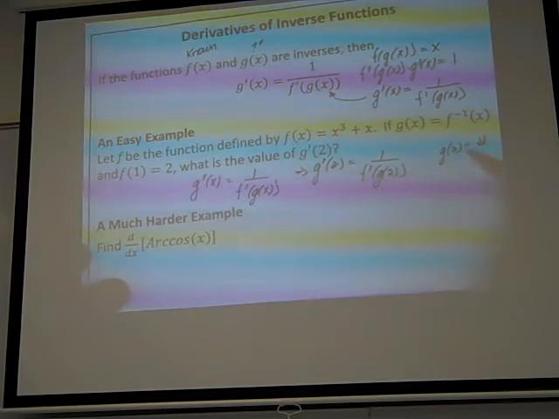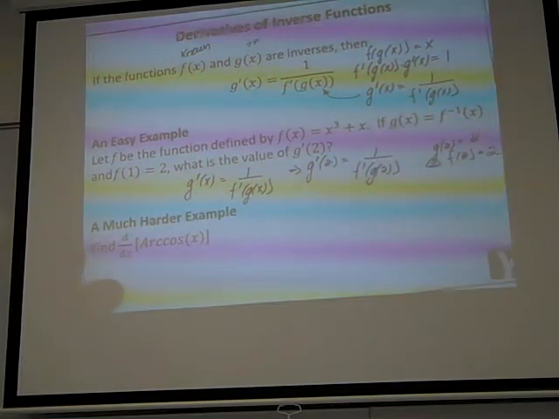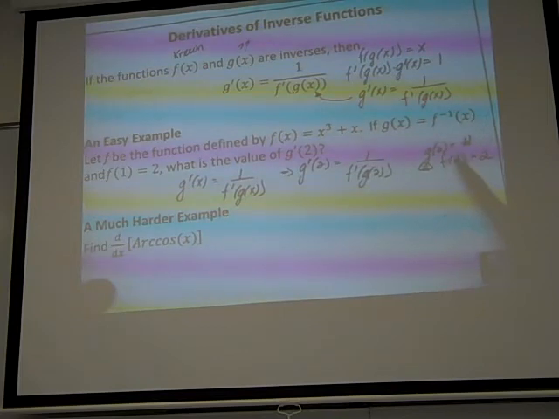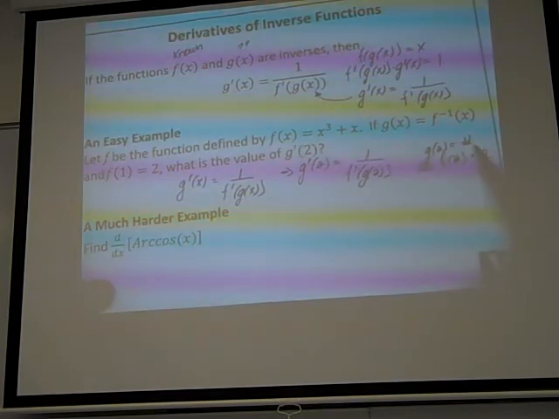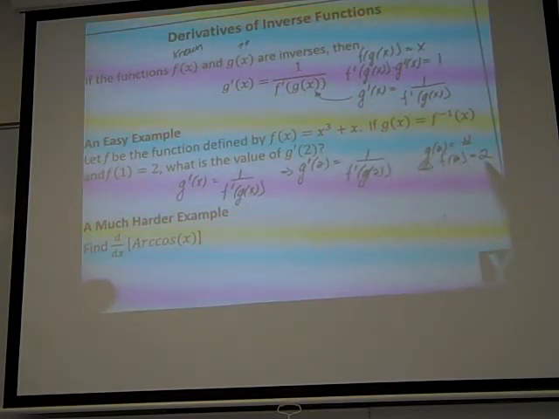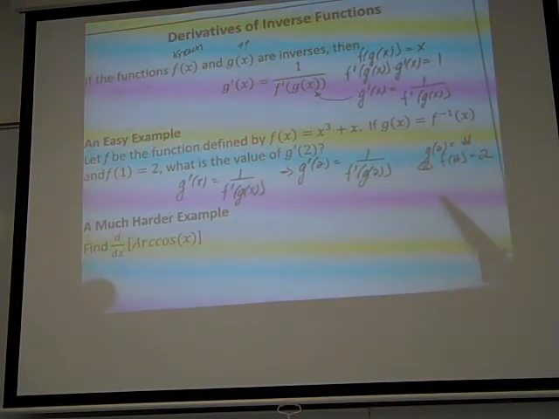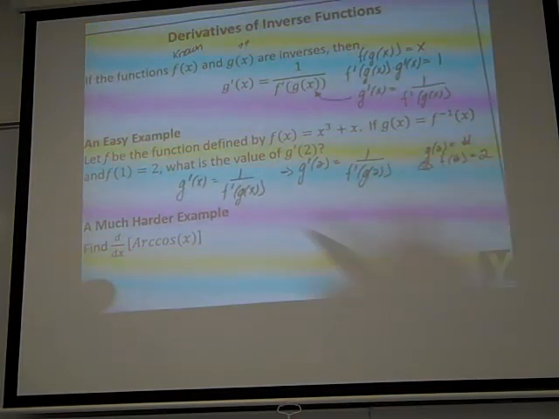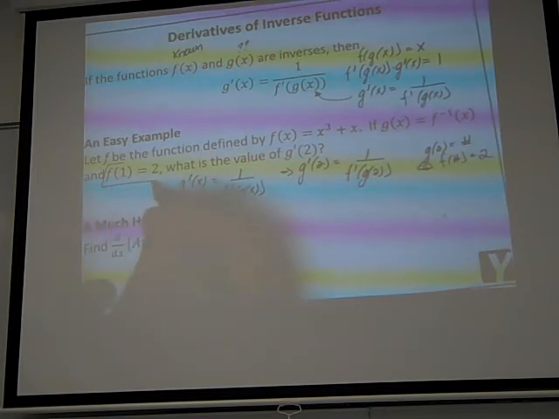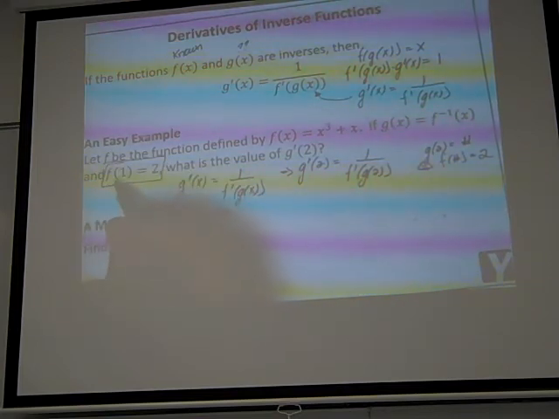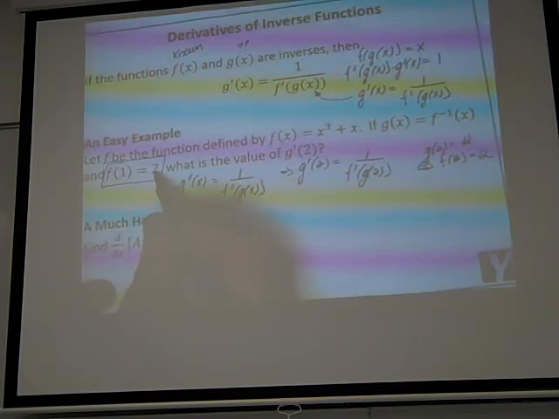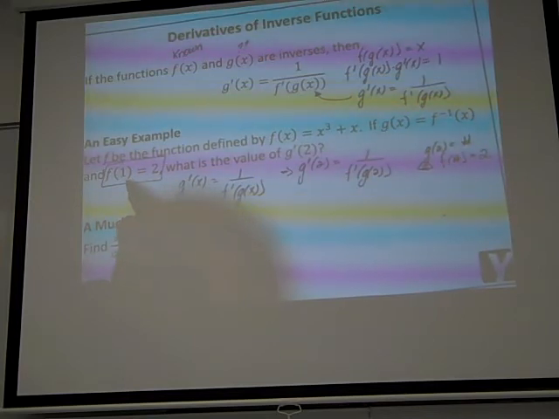Saying that g of 2 is equal to some number is the same as saying that f of that number is equal to 2. That's that inverse relationship. So what's g of 2 equal to? Here it is. Since f of 1 is equal to 2, that means g of 2 is equal to 1.